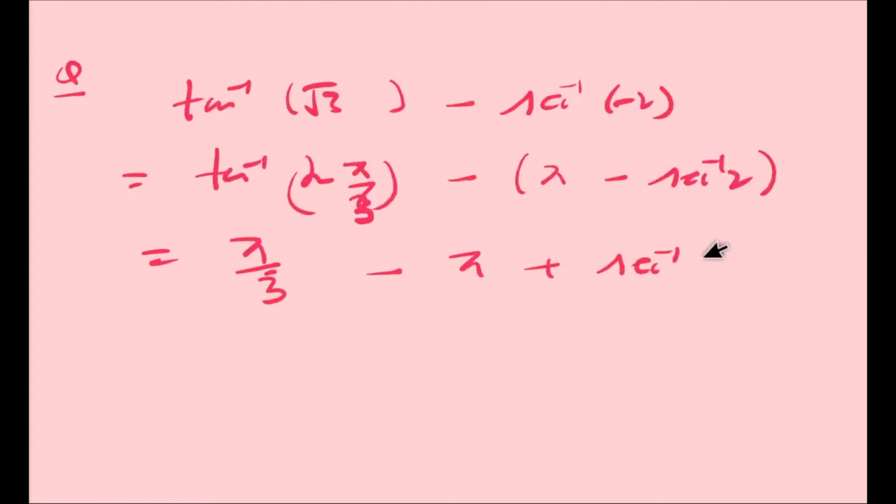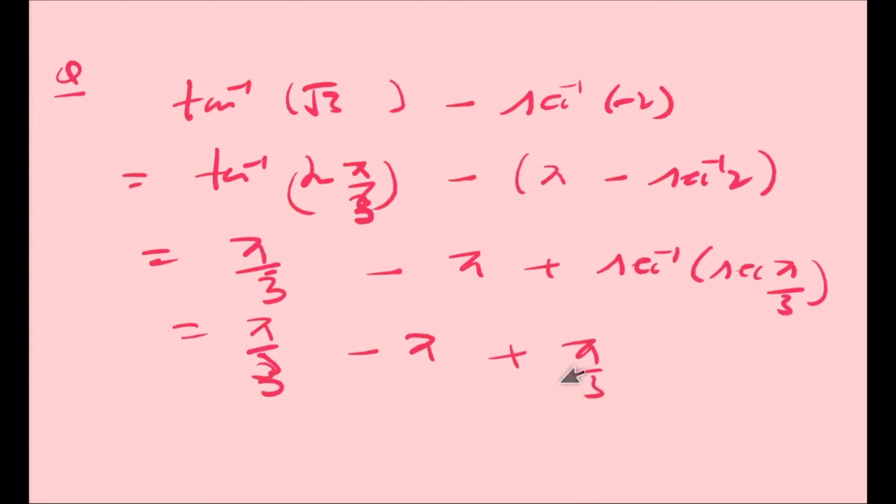That is sec 60 degree, since cos 60 is 1/2 and sec 60 is 2, therefore sec inverse 2 is pi by 3. So we write pi by 3 minus pi plus pi by 3. The pi by 3 terms cancel. What is the answer? Minus pi. Okay, so this way you can conclude the value.